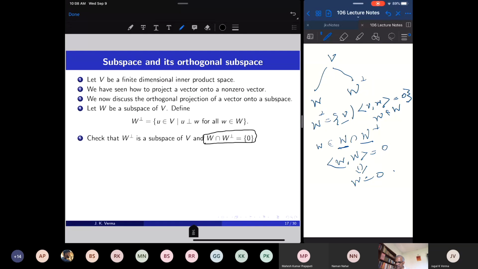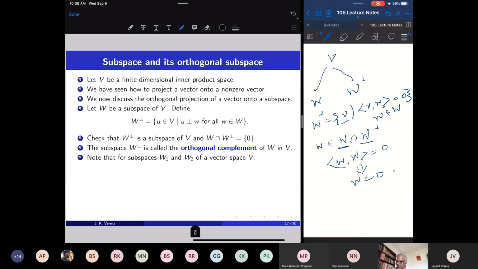So this subspace W perp is called the orthogonal complement of W in V. Now, if I have two subspaces W1 and W2, I define a new concept called the direct sum of W1 and W2.